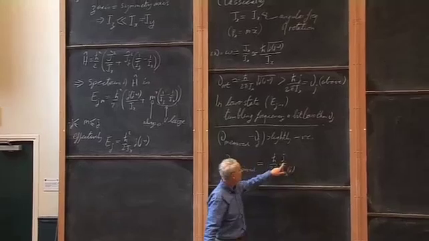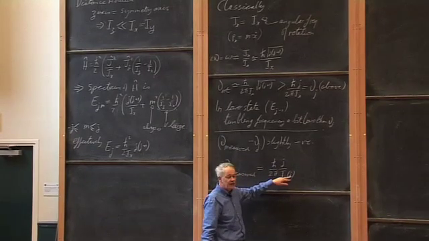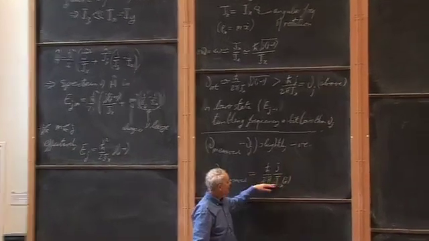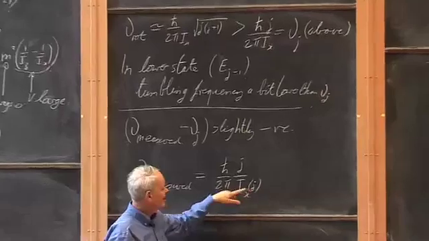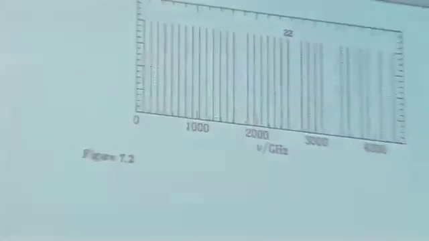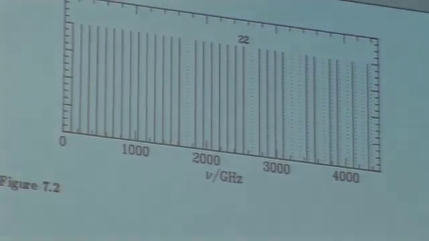So the moment of inertia appearing on the bottom of this formula should itself be a function of j, which increases. Some of the increase here is cancelled by a slight increase in the bottom, and that's the interpretation of these measured spectral lines, the black lines, falling behind the perfectly evenly spaced grid of dotted lines.